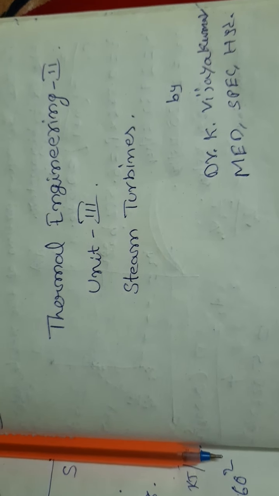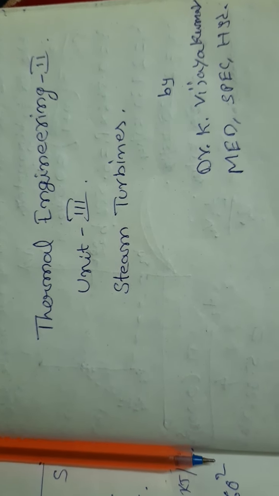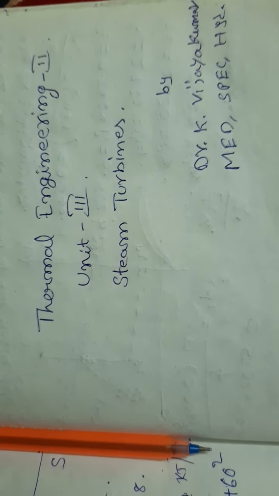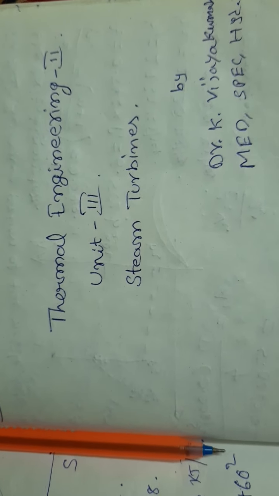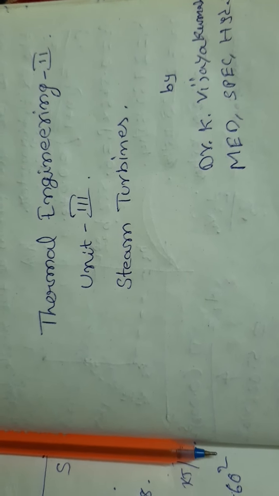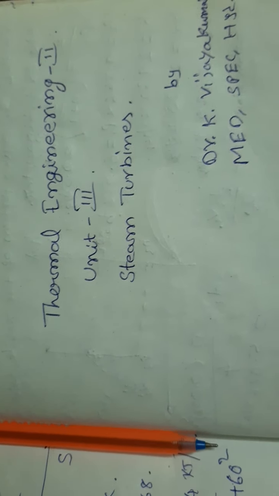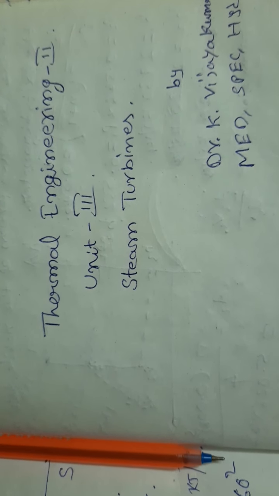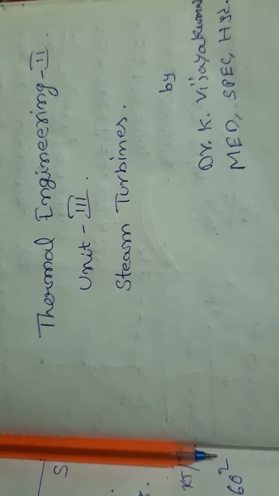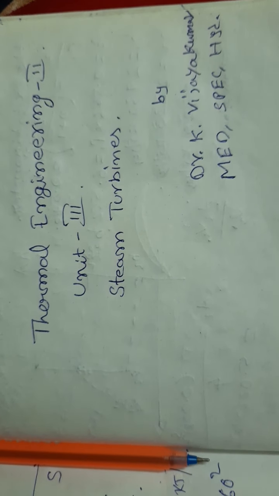A generator is attached to the turbine, and with its help the mechanical energy is further converted into electrical energy. A steam turbine is a prime mover in which the energy available in the steam is directly utilized to rotate the turbine rotor.